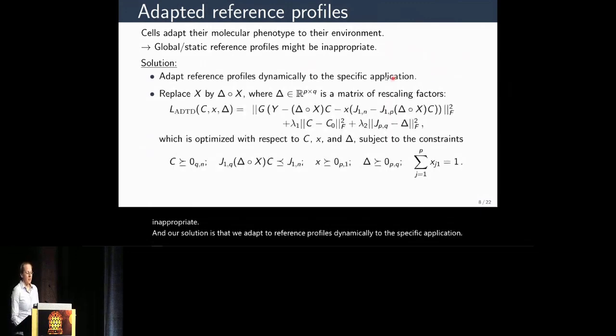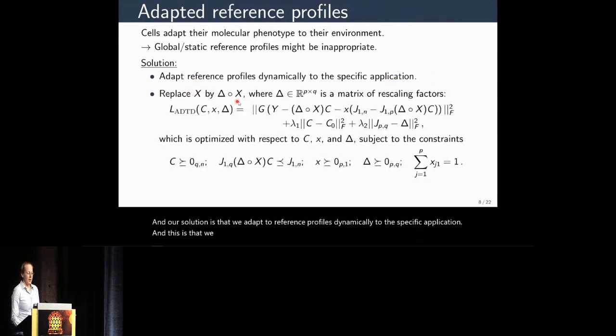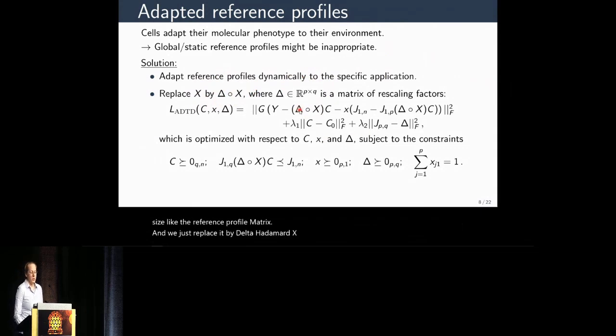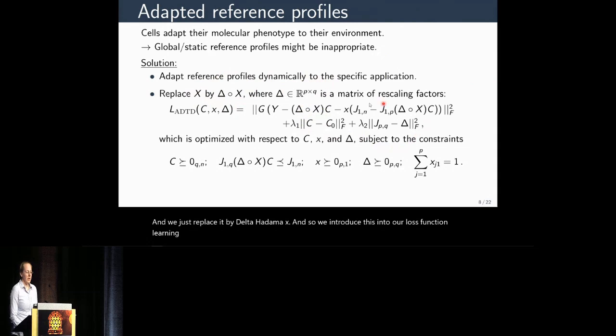We replace our reference profile by a rescaling matrix delta, which has the same size as the reference profile matrix. We just replace X by delta Hadamard X. And so we introduce this into our loss function learning problem and add a regularization term.